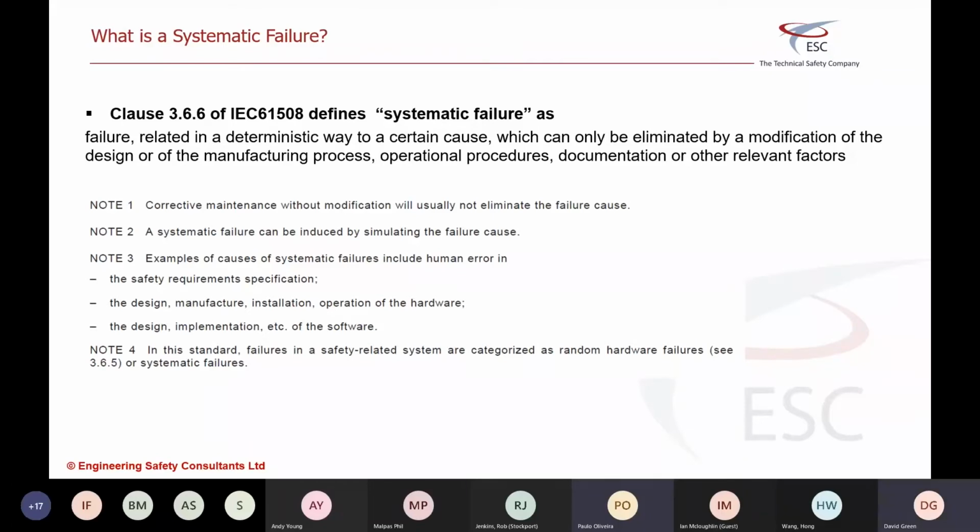These are all things we don't typically put numbers to, but if you address the issue, it will not come back. Okay, a good example is an error in the tag of a cable between a sensing element and a logic solver.